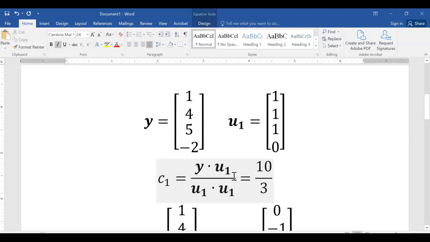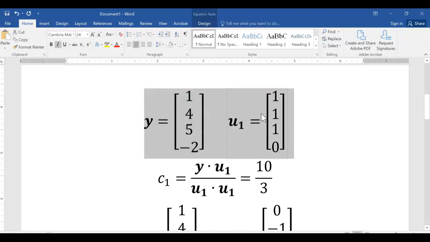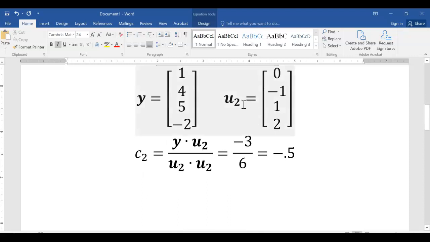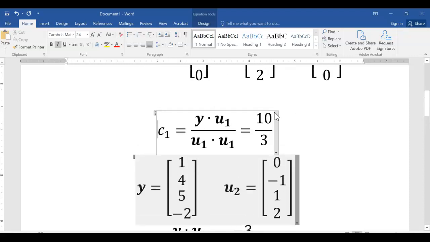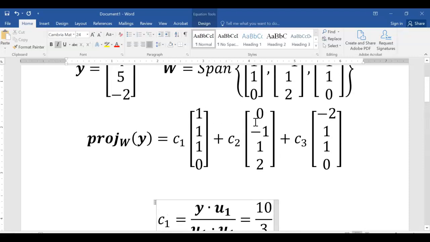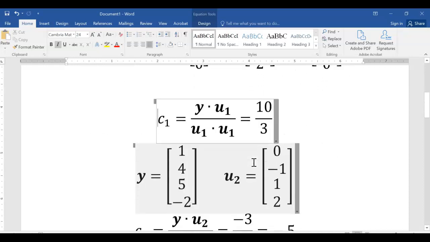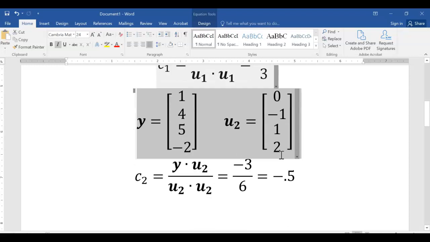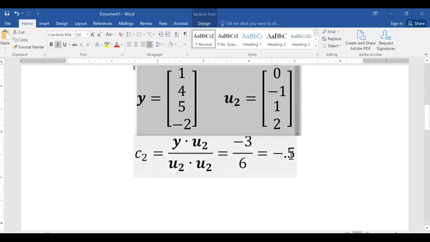So I'm still going to get 10/3 as the coefficient for u1, and the same thing for u2. I already calculated the coefficient of u2, and we've already found it to be -0.5.